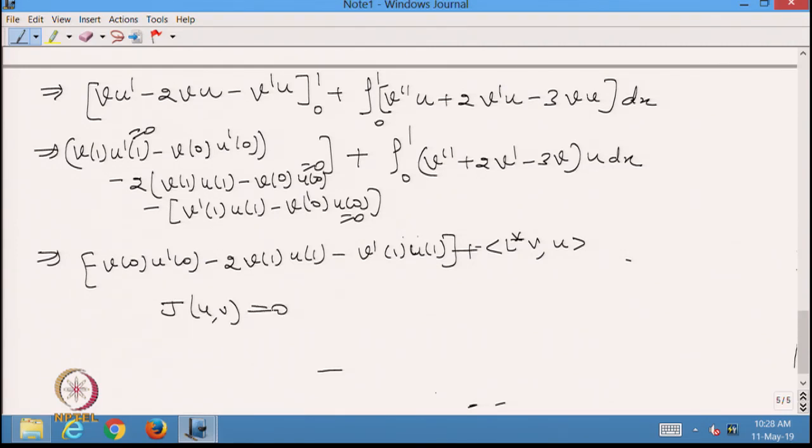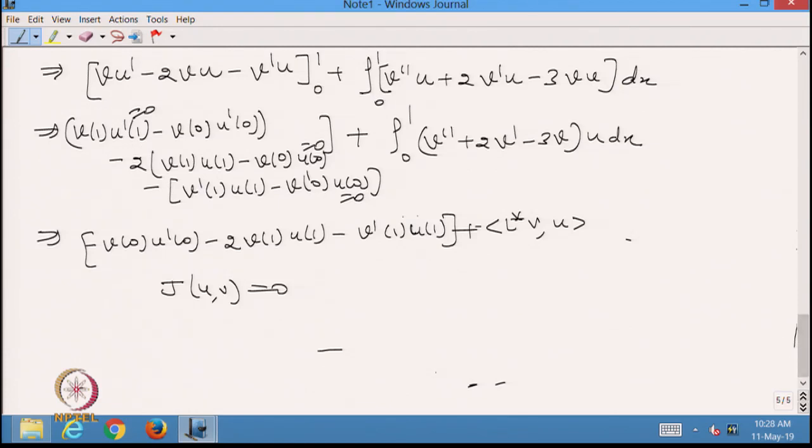Just to make it equal to 0, what I choose is that v0 equals 0. If I choose v0 equal to 0, this will be 0, and then from here I will choose 2 times v1 u1 plus v'1 u1 equal to 0.